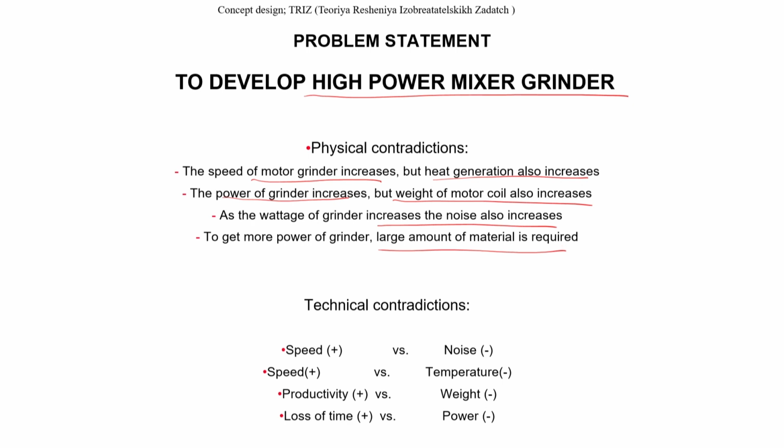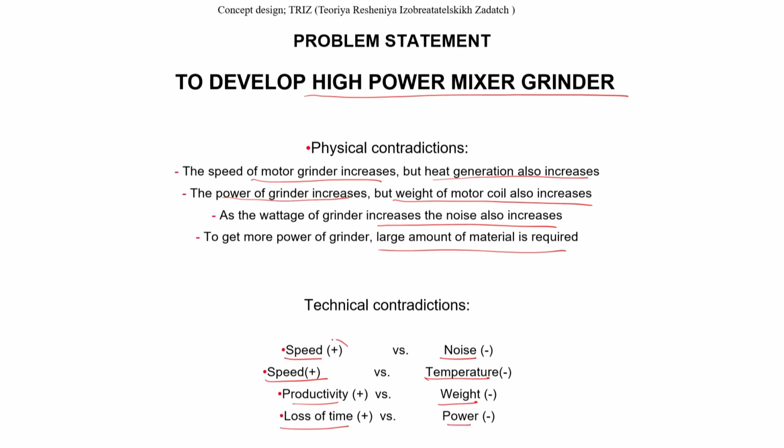Now, once they thought of these physical contradictions, they came up with the mapping of technical contradictions. So, one of them is speed versus noise. Now, this is the speed of an object which is rotating. Okay. Then another is speed versus temperature. Then the third is productivity versus weight, and the fourth is loss of time versus power.